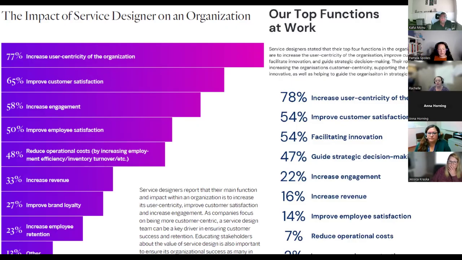The Finnish version had some of the same, but the third one there was facilitating innovation within organizations. That was a really big one here, and also to guide strategic decision making. So a lot of them were similar, but it's more focused on the strategic level, I would say, in Finland than it is in the US.